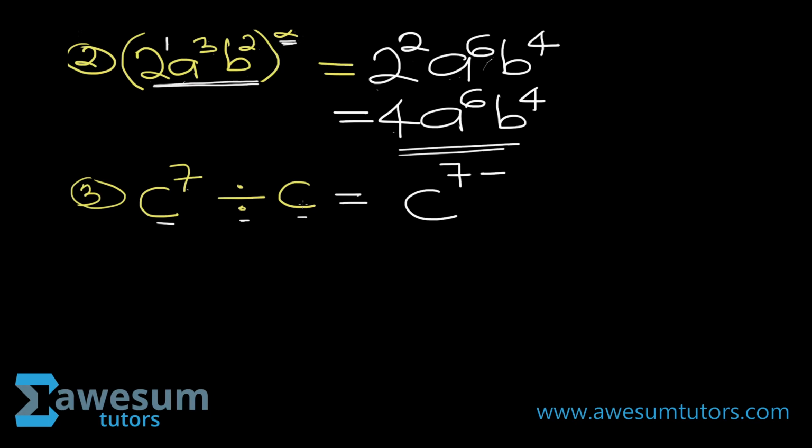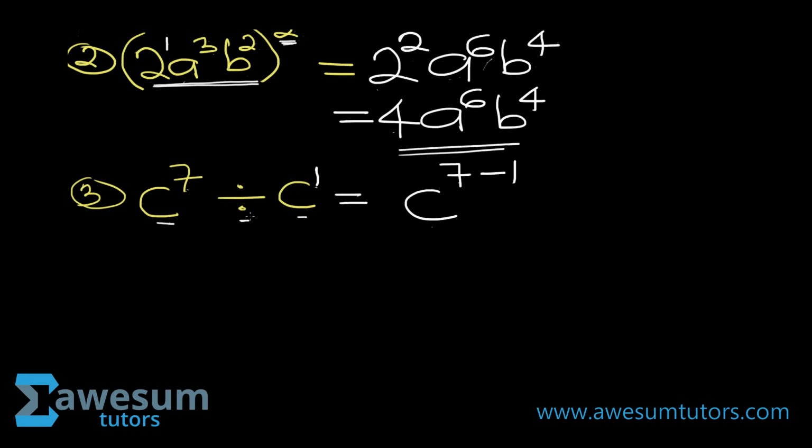Now this c right here, if you just write c, it means c raised to the power of 1. There is an invisible 1 right there. That means I will then say minus 1, because this has an invisible 1 right here. So this is c, and c, they have the same base. I bring out c. This has 7 as the power.